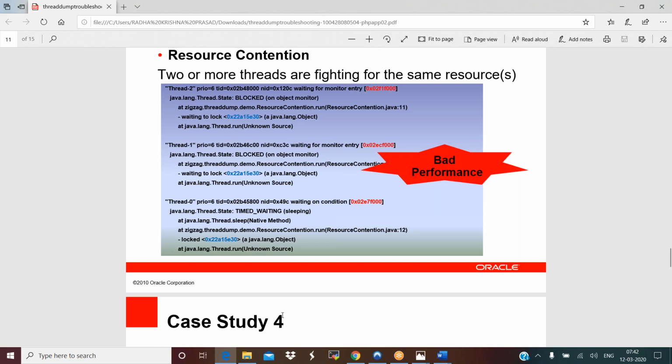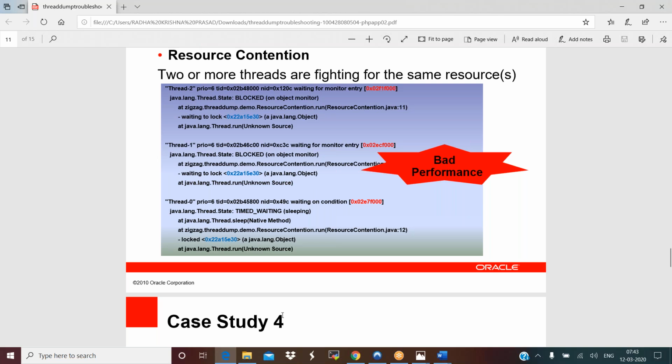And if you go to Java thread stack trace, this is another most important data that you will find from the thread dump. Basically it will show you where you have spent, this is the place where you will spend most of the time in analysis.